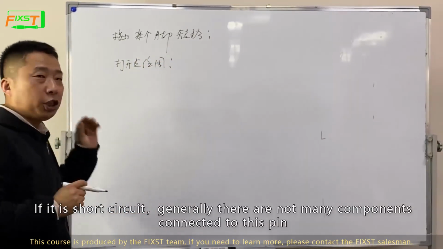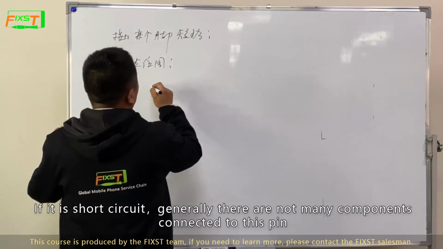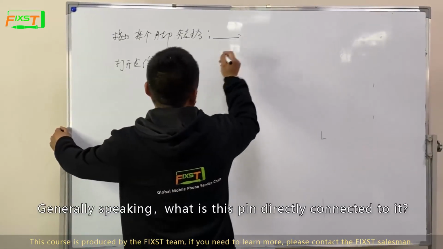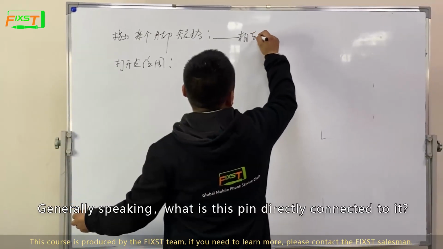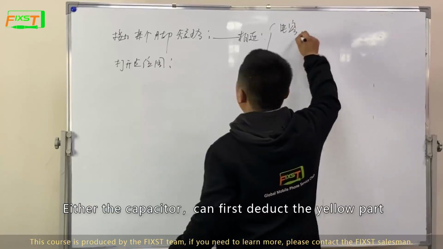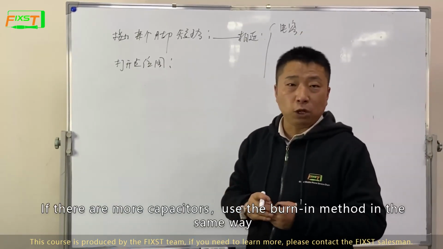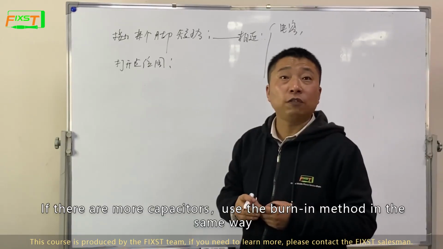If it is short-circuited, generally there are not many components connected to this pin. Generally speaking, what is the pin directly connected to it? Either the capacitor, we can first remove the yellow part. If there are more capacitors, use a burn-in method in the same way.